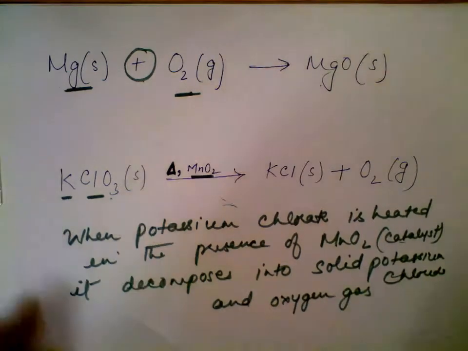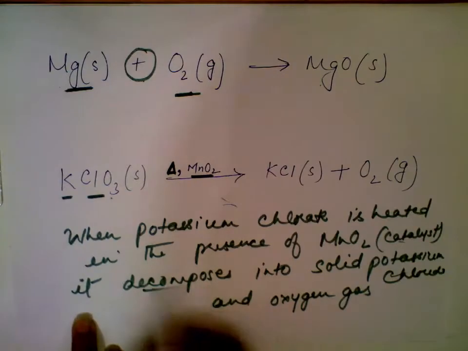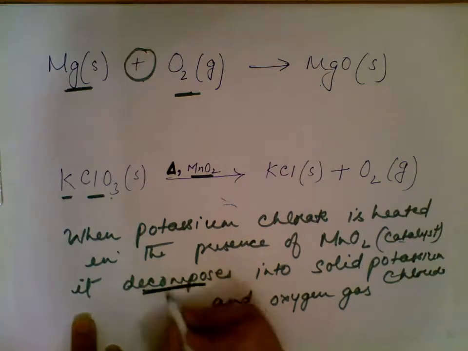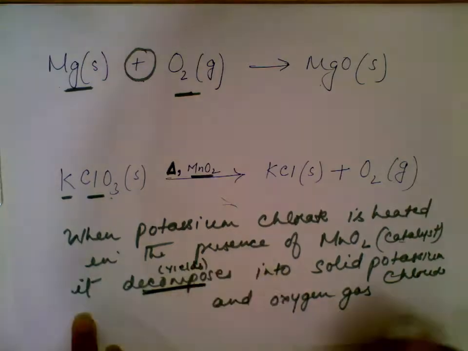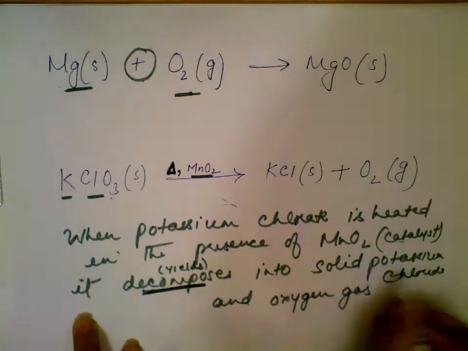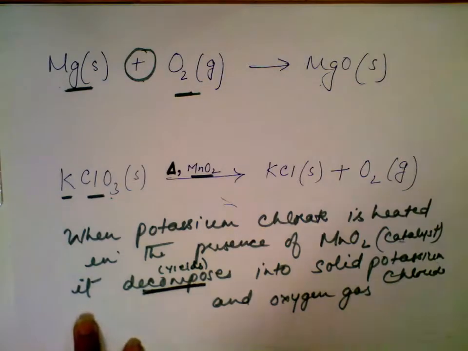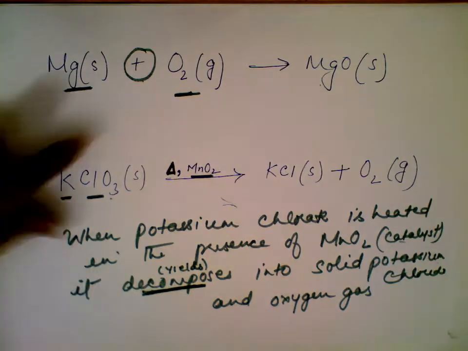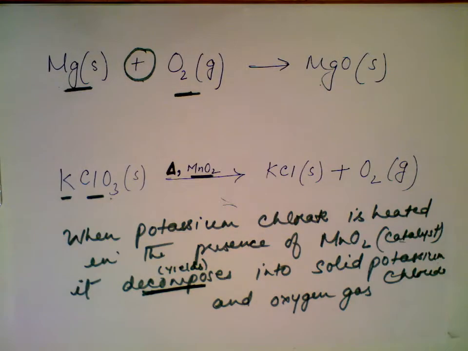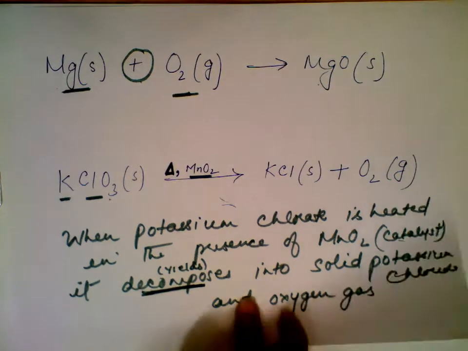Or you can also say it yields, it yields to produce solid potassium chloride and oxygen gas. Either one is fine, but this is a decomposition reaction. The bigger substance is breaking into smaller substances. That is why we can write it as decomposes.